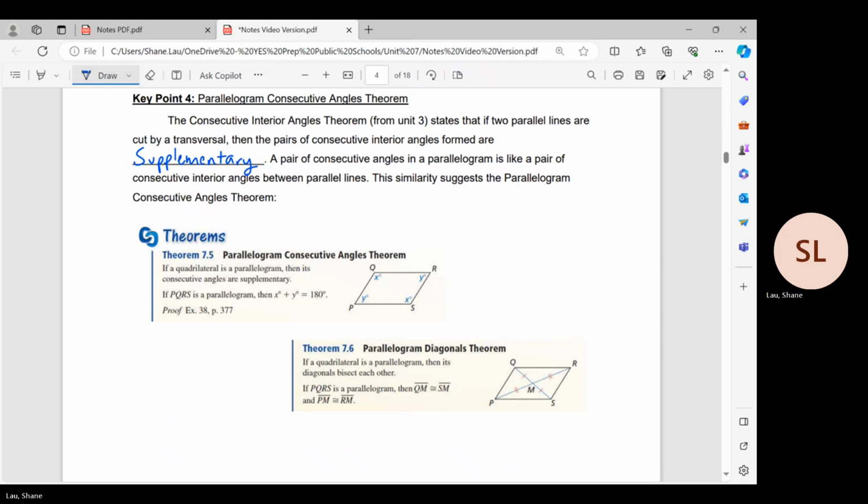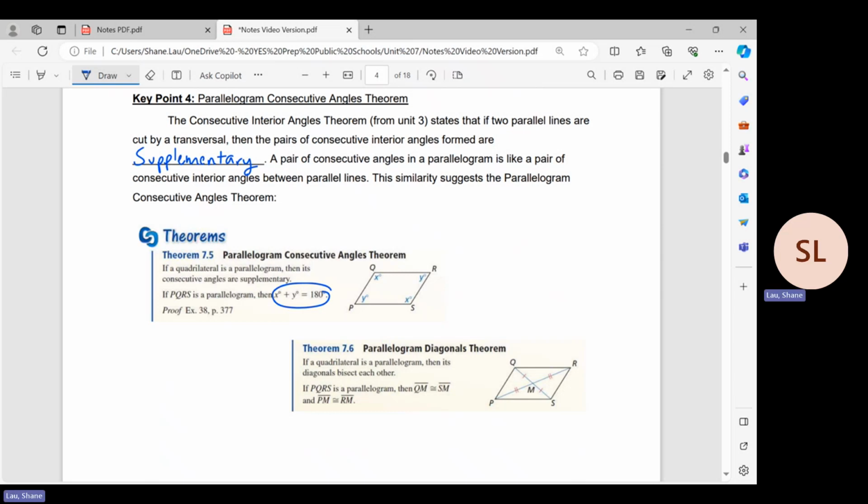So now that we have this idea of supplementary, we're going to see it in our theorem here, 7.5. And again, basically what we're saying here is what it says in the actual if-then statement, that if we have 2 consecutive angles, they're going to equal 180 degrees.